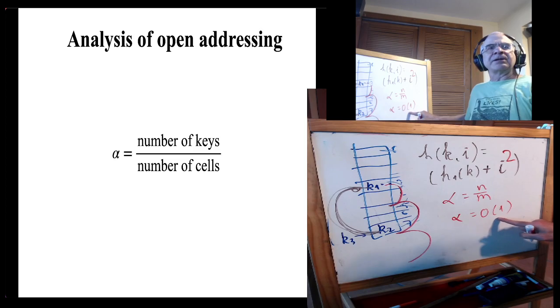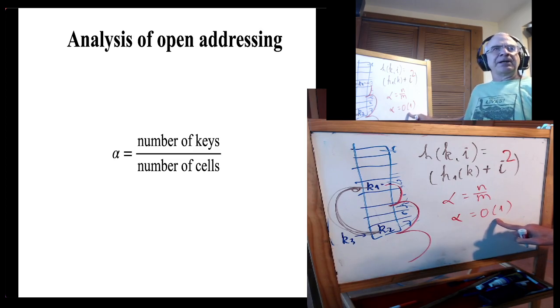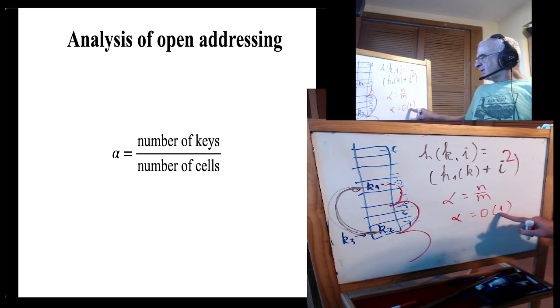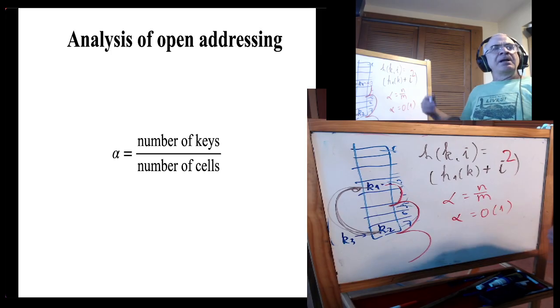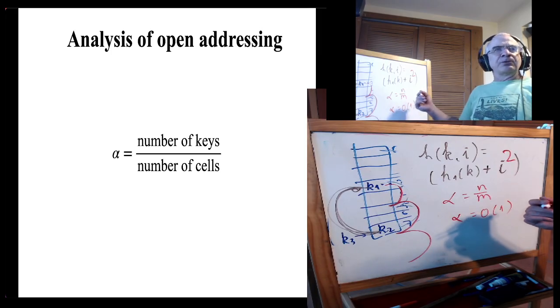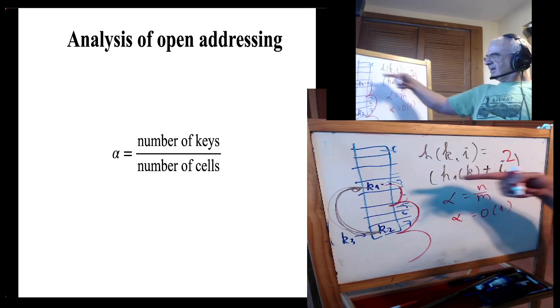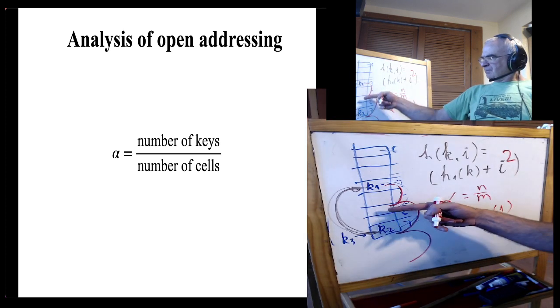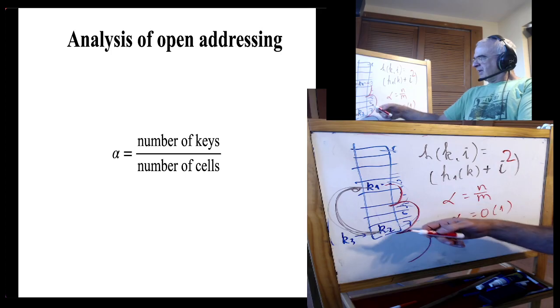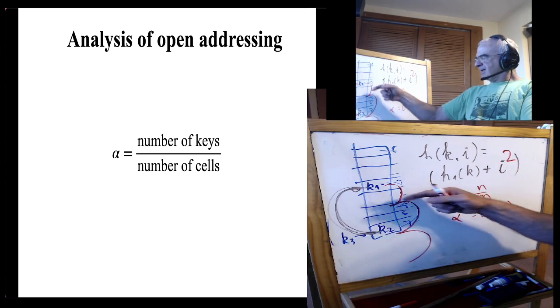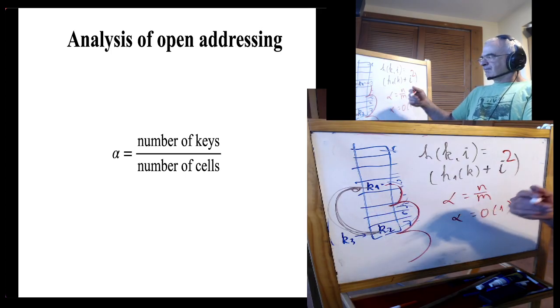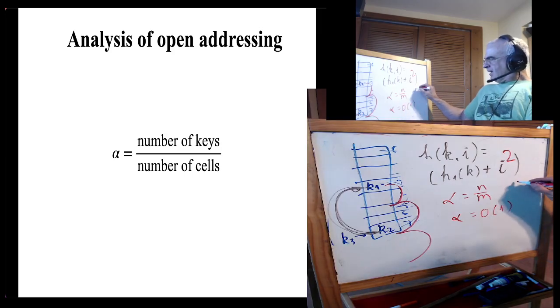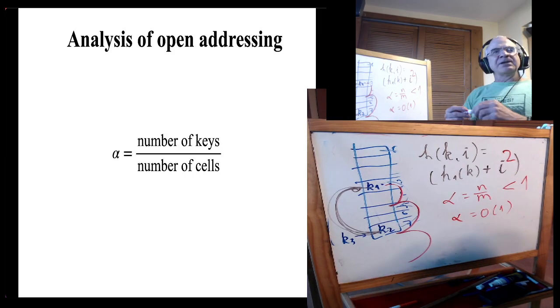Alpha should be a constant, 1, 3, 5, but don't let this number go. But we didn't care very much which constant it is. Now we are talking about open addressing, meaning that all the keys are only in the table, as opposed to chain hashing, and every cell contains at most one key, implying that alpha is for sure smaller than 1.